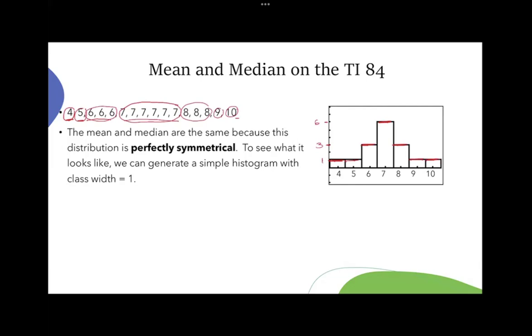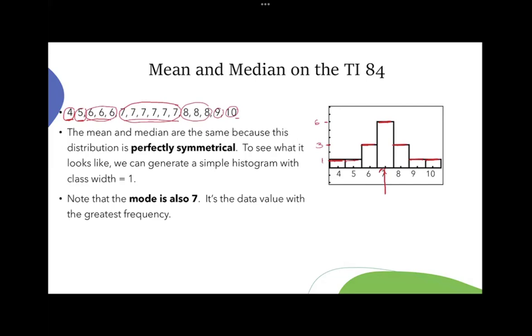And it's perfectly symmetrical. What you see on the left is exactly what you see on the right, and the center is right in the middle with the number 7. And that's actually a rule with symmetrical distributions.